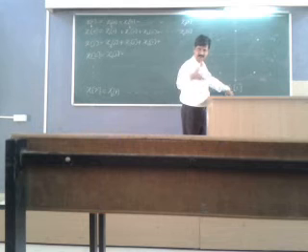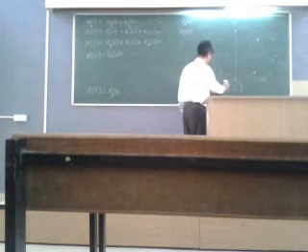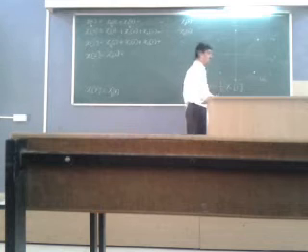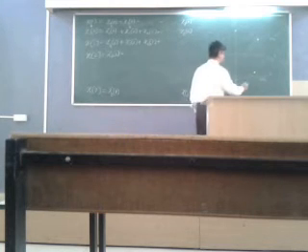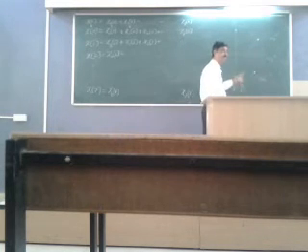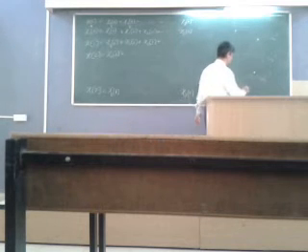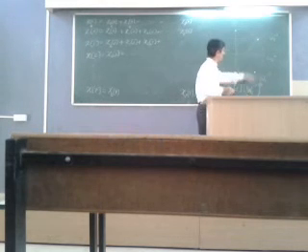You can have the IDFT. 1 by 8 will come into the picture here first: 1 by 8 X1 into Wn raised to minus k, where k is 1. Wn is what? Right now W8. That is this point. W8 is this. W8 raised to minus 1, raised to n. W8 raised to minus 1 is this point.